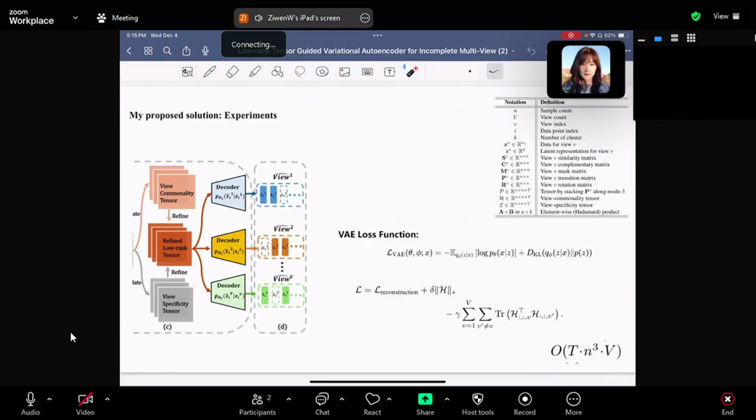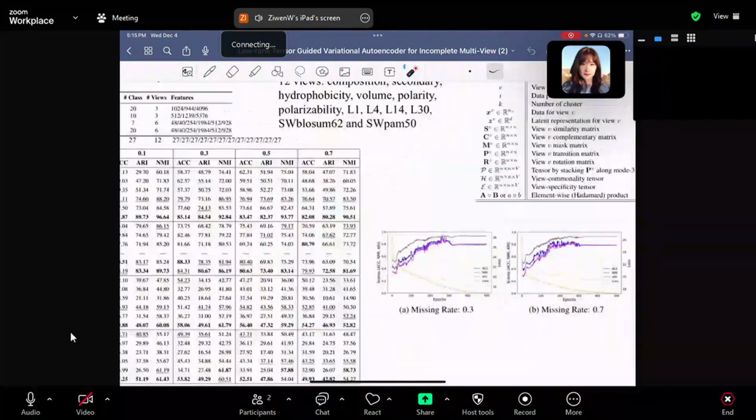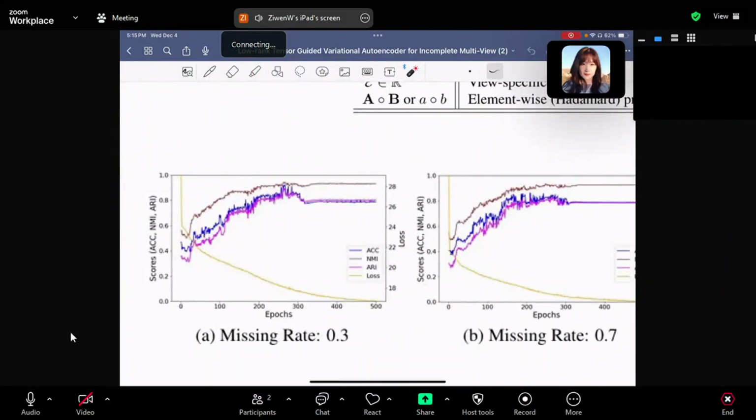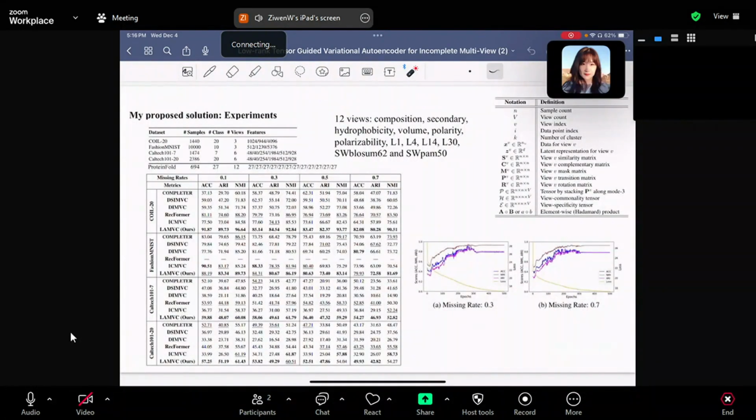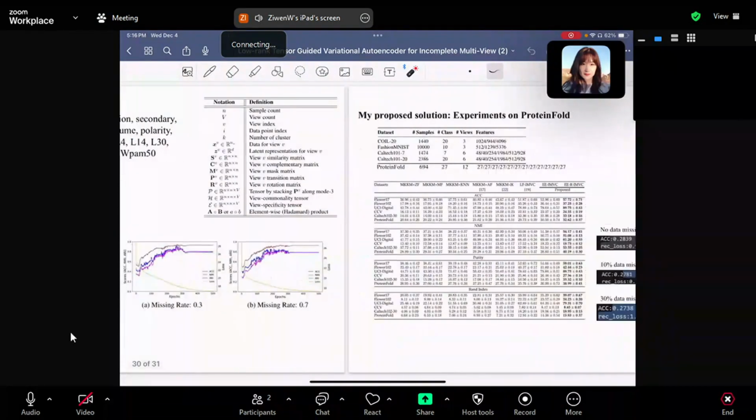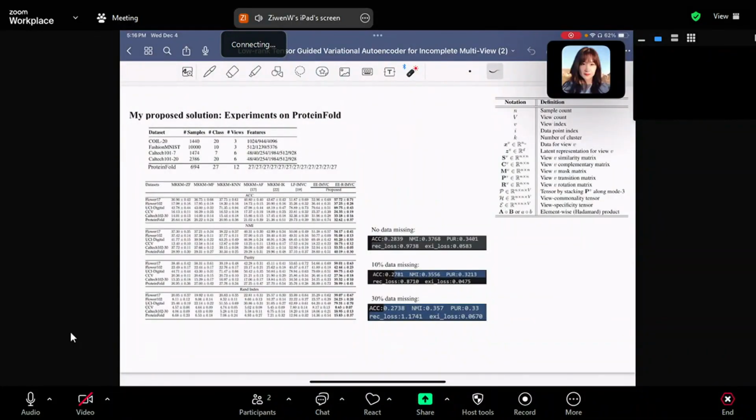It might seem a little bit intimidating, but it will always achieve convergence in less than 300 epochs. The missing rate here is if I randomly drop, let's say, 30% or 70% of the entire data, I'm wondering what the performance degradation would be, and it seems to maintain pretty good robustness even though a significant amount of data is dropped.